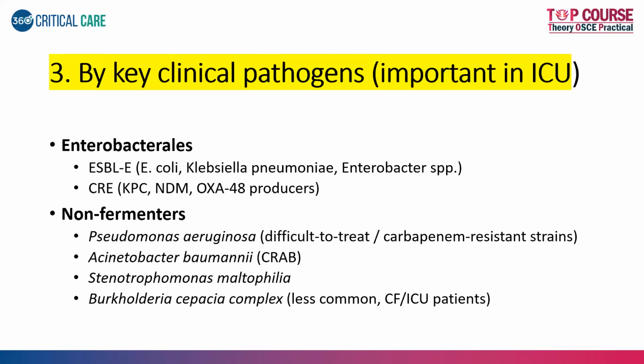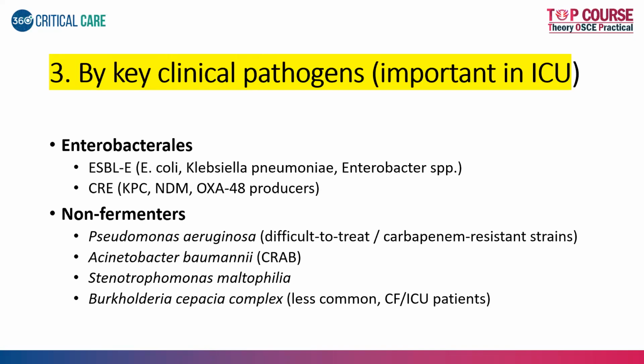Then come clinical pathogens. Usually we will not get the mechanism of resistance straight away. Sometimes we have to deduce it from the report which we get. The AST report usually tells us what the organism is.